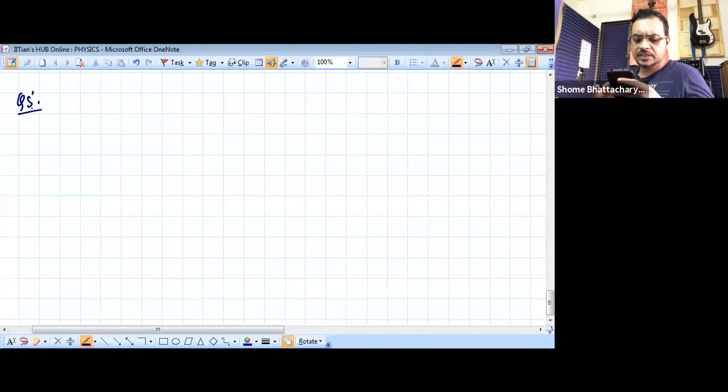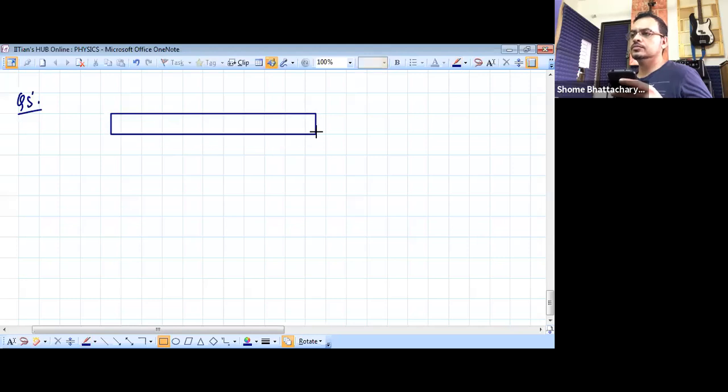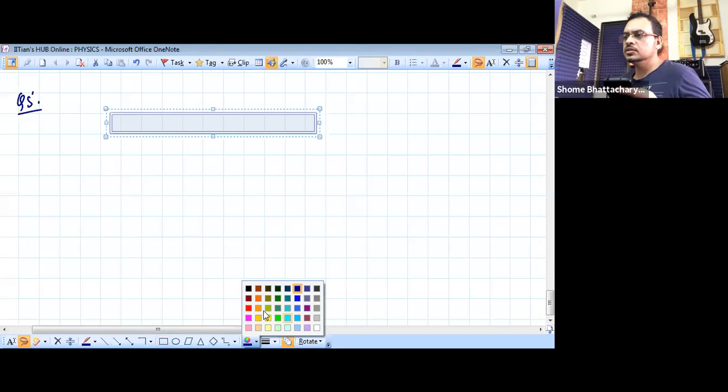So question 5 says that in order to drag a 100 kg log along the ground at constant velocity, you have to pull on it with a force of 300 newtons horizontally. So what is the resistive force by the ground? Let's say this is the side view of your wooden log.